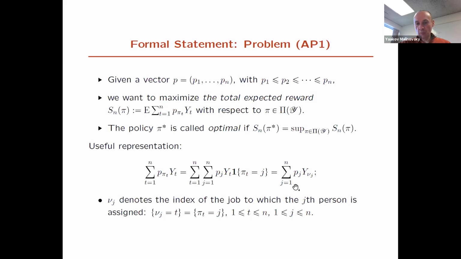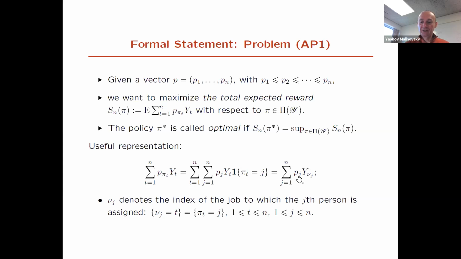In another formulation, worker j is assigned to the index v_j. So on the optimal strategy, the last step of the algorithm gave, because the expectation of a sum is always the sum of expectations, exactly the optimal expected value to assign to the worker j.